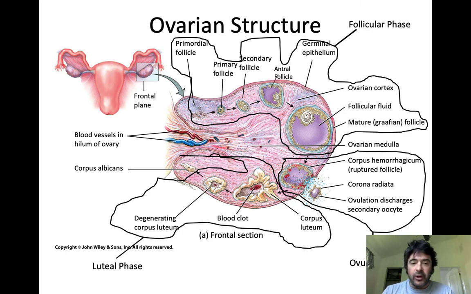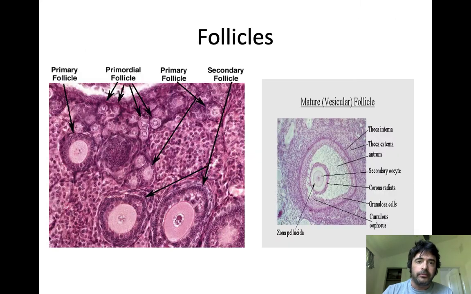So we have the follicular phase, ovulation, and the luteal phase, right? And those are the three phases of the ovarian cycle. So we're going to come back to that and talk about the link between the hypothalamus, the pituitary gland, the ovaries, and the uterus, and how there's a hierarchy of control within the female reproductive cycle.